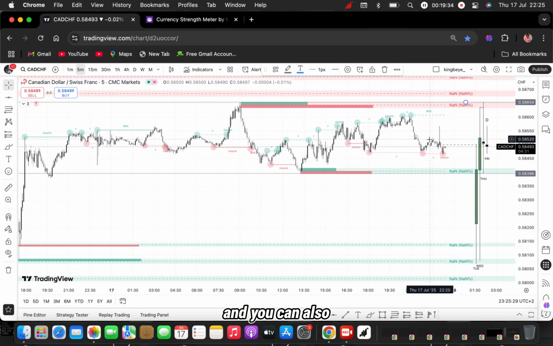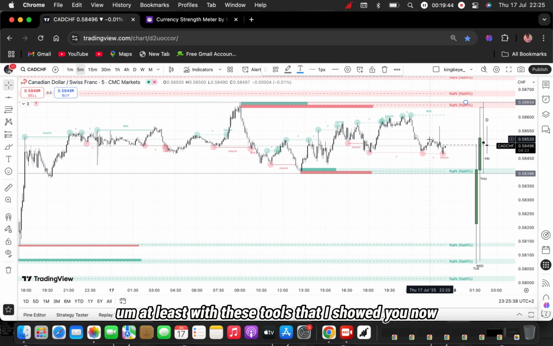And if you don't really understand ICT, at least with these tools that I showed you, you just need to know the basics, like change of character, break of structure, liquidity, and all those things. These tools, this indicator that I implement on TradingView, will help you figure out the rest.